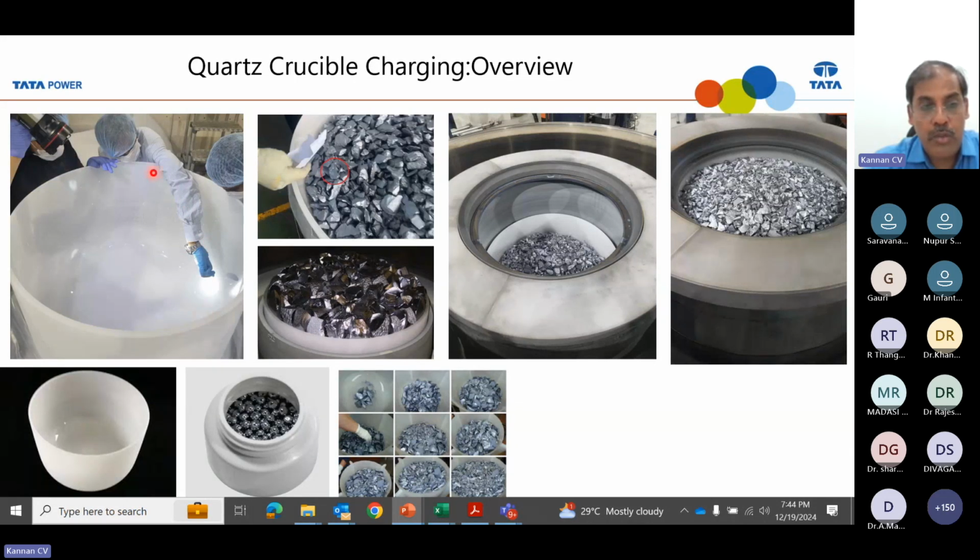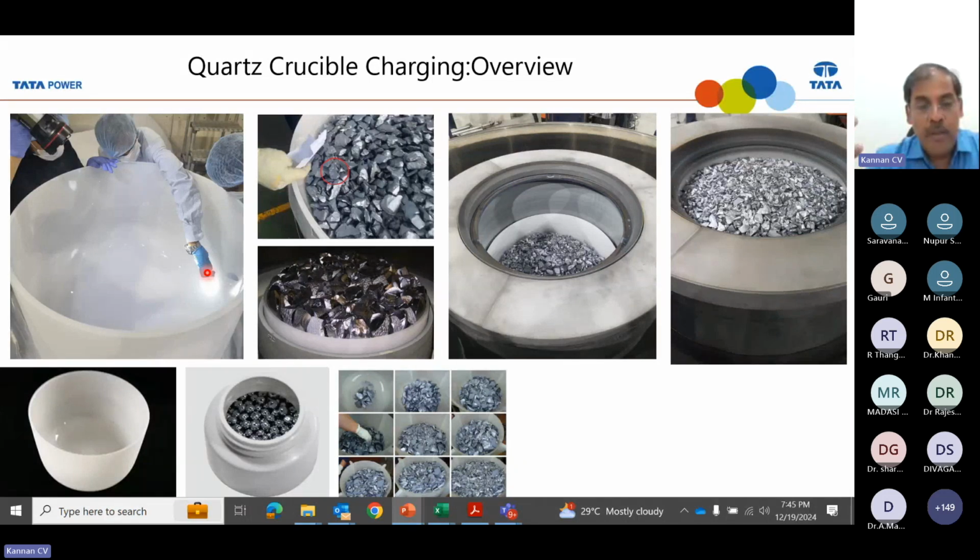The quartz crucible has a wall thickness of 15 to 20 mm or 25 mm, and you have to ensure that the crucible doesn't have any kind of flaws or micro cracks before you start loading, because if there is a micro crack at high temperature, the crucible may crack further, and the molten silicon will come out of the crucible and damage the entire furnace, and sometimes it leads to explosion also, because of the very high temperature, 1450, 1500 degrees, when silicon comes out and reacts with the furnace material.